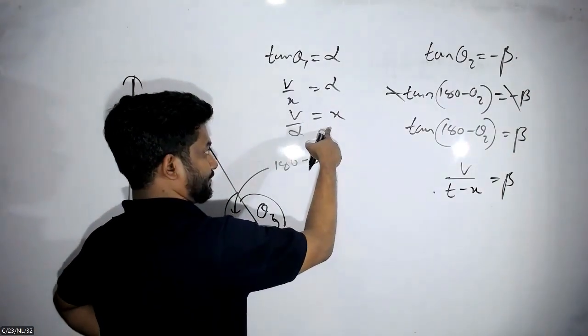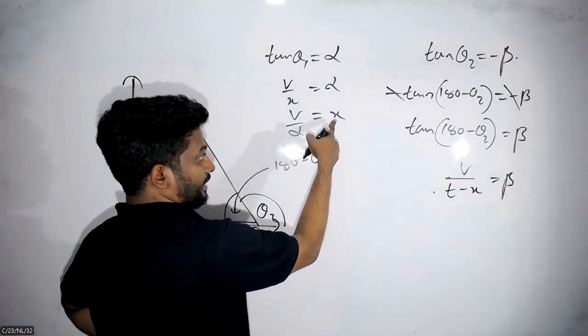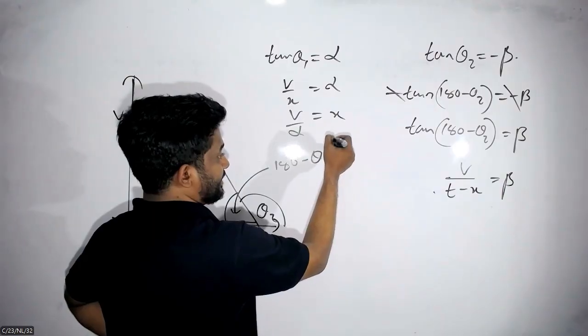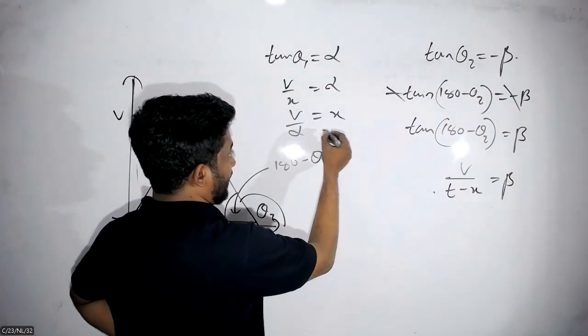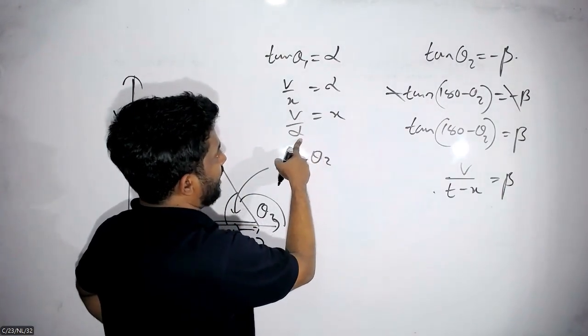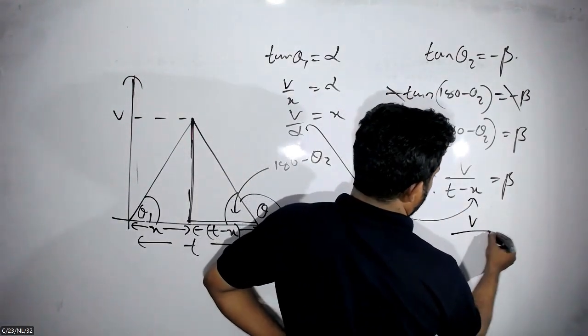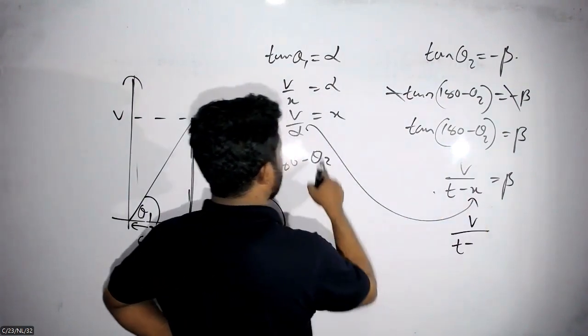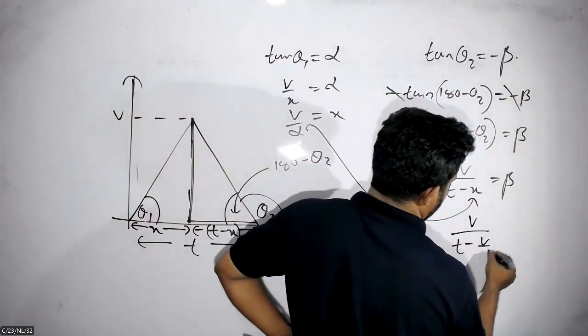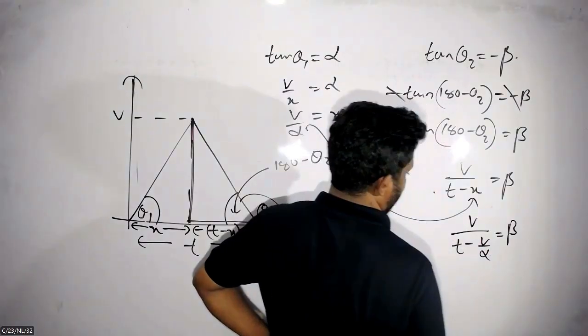These are the two expressions. You have x as the subject here, then you can substitute v over alpha for x. So v over t minus v over alpha is equal to beta.